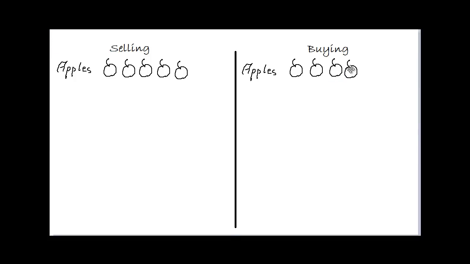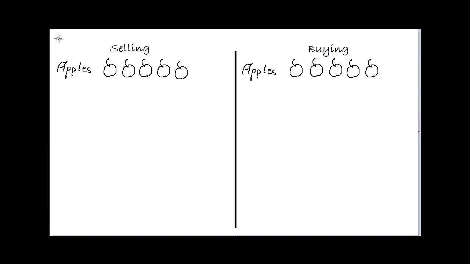Somebody is selling apples, and that is they want to get rid of apples, and somebody wants to receive apples. The person who's receiving the apples we refer to as the buyer. The person who's selling the apples we refer to as the seller, of course.